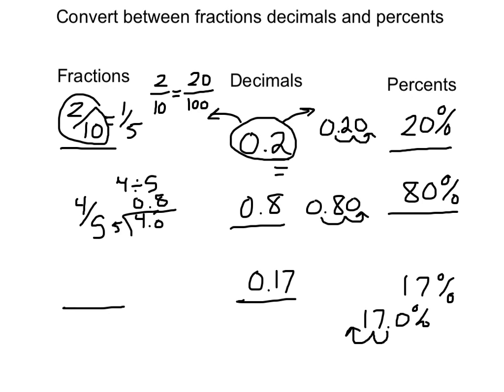Now working backwards again, if I think about saying this number aloud, this ends in the hundredths place. So if I were to speak this decimal, it would say 17/100ths. So 0.17 is 17/100ths.